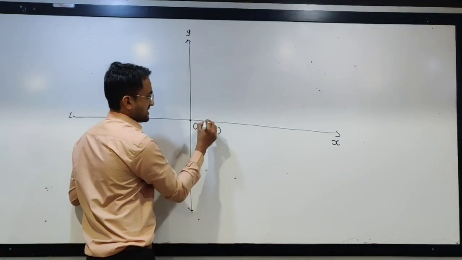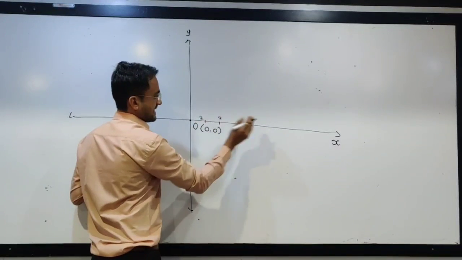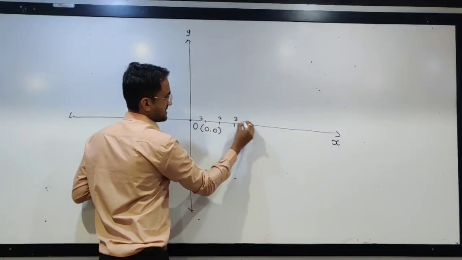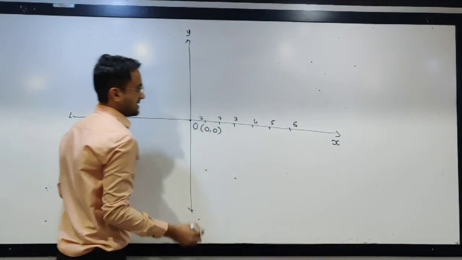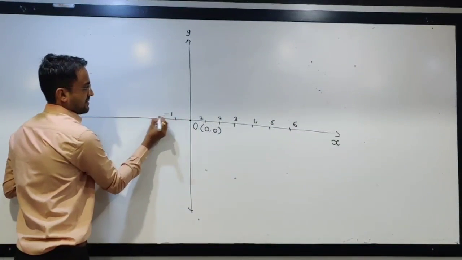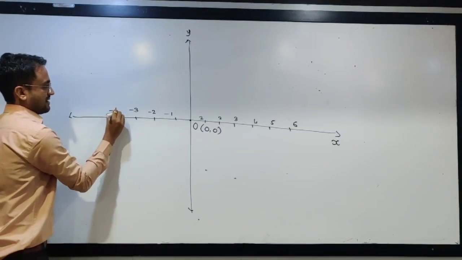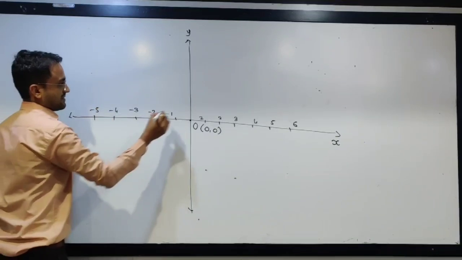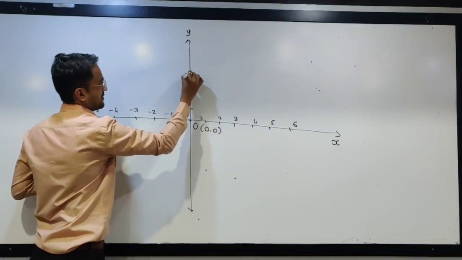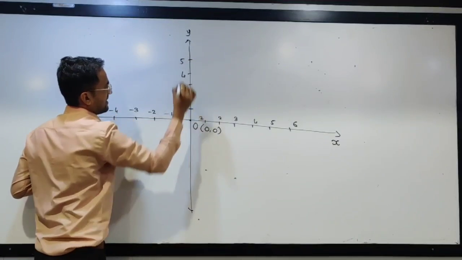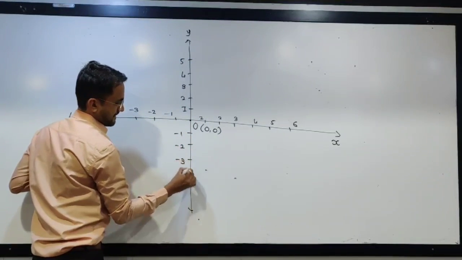Now on the right side of the x-axis all are plus: 1, 2, 3, 4, 5, 6. On the left side minus 1, minus 2, minus 3, minus 4. On the upper side it will be plus 1, 2, 3, 4, 5. These all concepts you know, right?